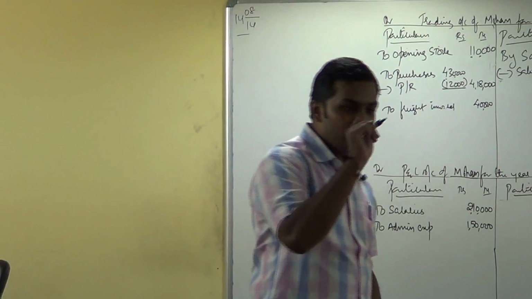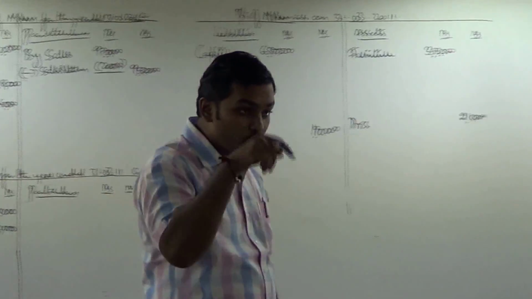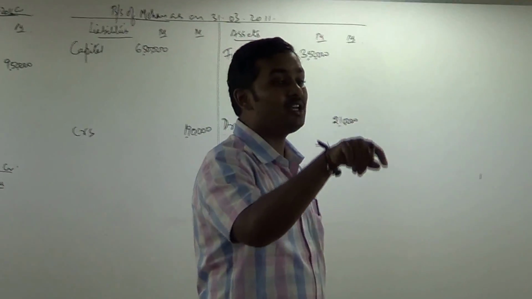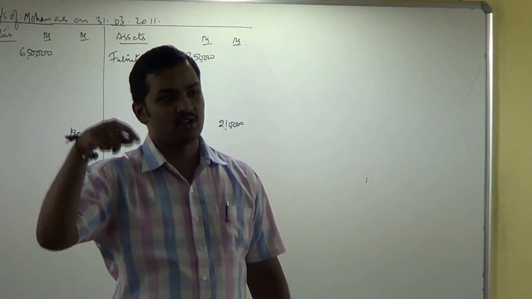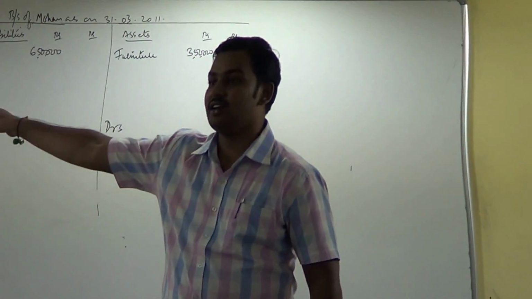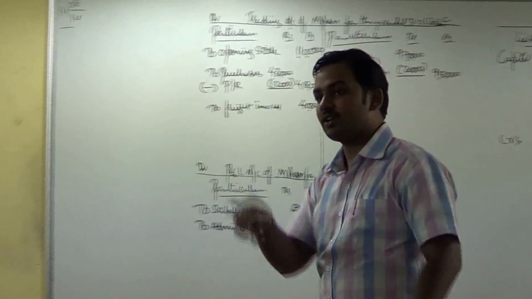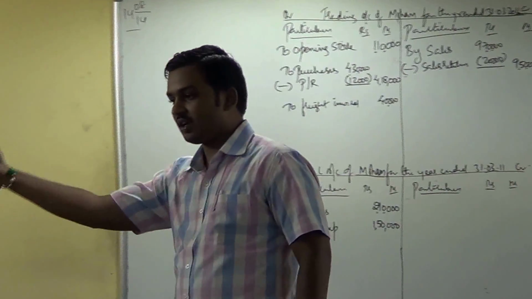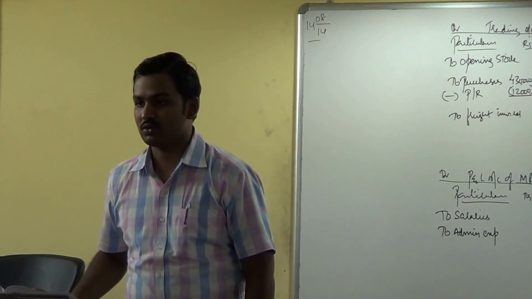What is the entry we pass? Purchase returns account to purchases. Purchase account has to be credited. Purchase account normally shows a debit balance. If purchase account has to be credited, that means balance has to be reduced. That is why we are saying less there. And when you debit purchase returns account, it comes to a close, because purchase returns account is showing a credit balance.